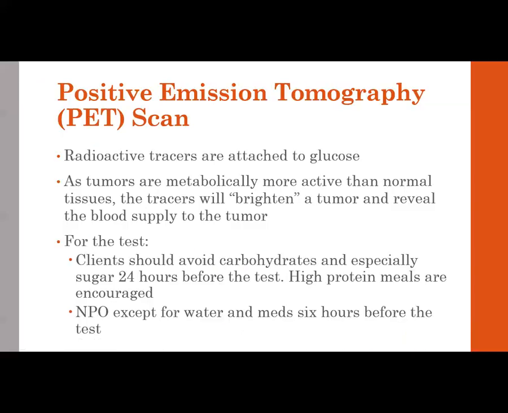But if we think about it, it makes sense why we would avoid carbohydrates, because these tracers are all attached to glucose. So that's why, when it comes to our patient education, and I know I keep on drilling in patient education, it's very important that they know how to do the proper steps before they take these tests, because you just want them to follow what they're supposed to do. That way we get the best, most accurate information.